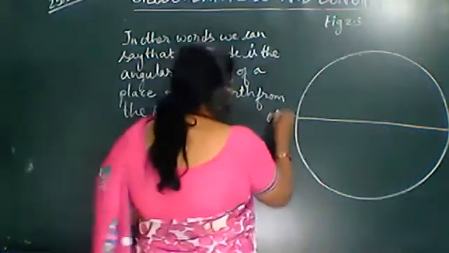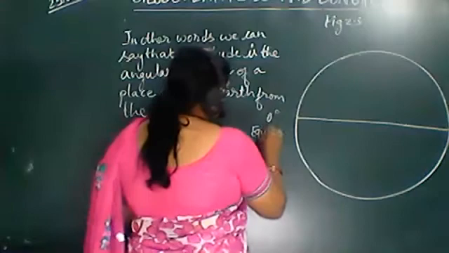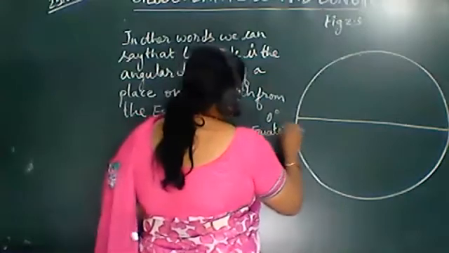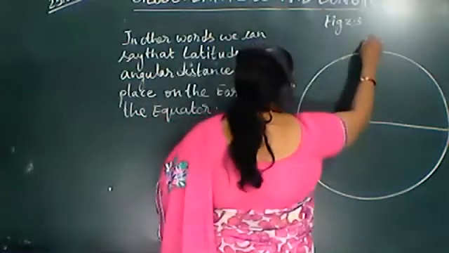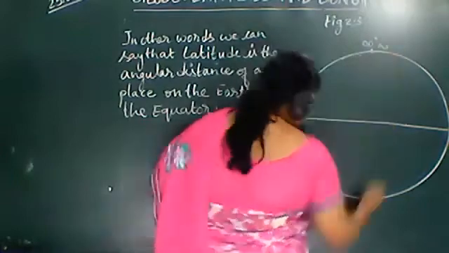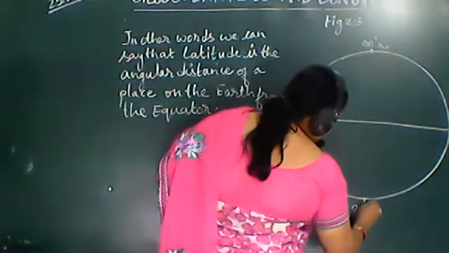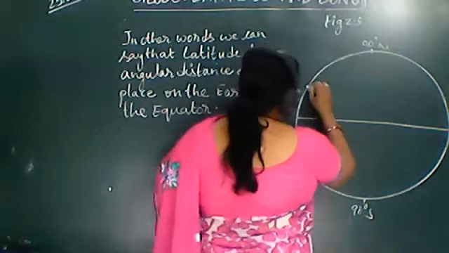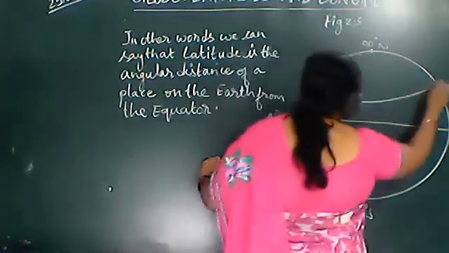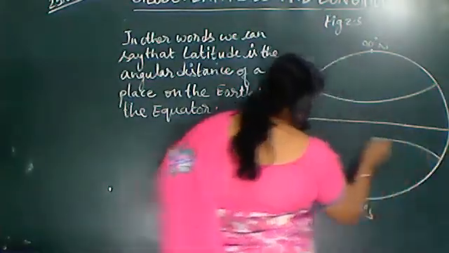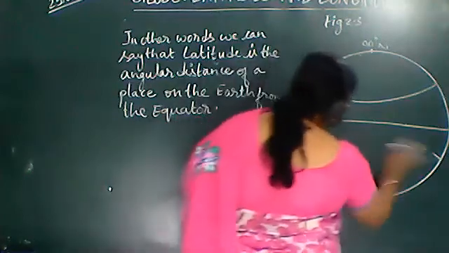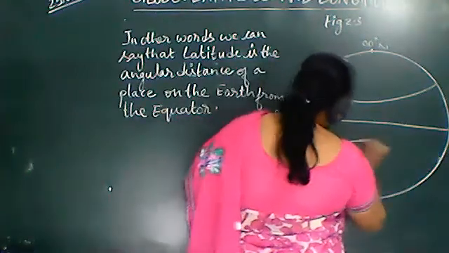Apart from the 0 degree equator, you have other latitudes also. This is 90 degree north, 90 degree south, and apart from the equator there are other important latitudes. And what are these?